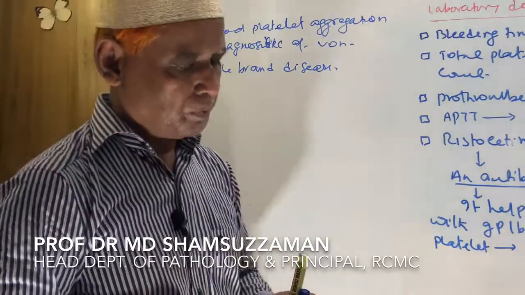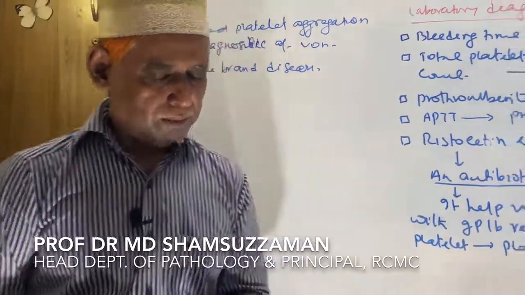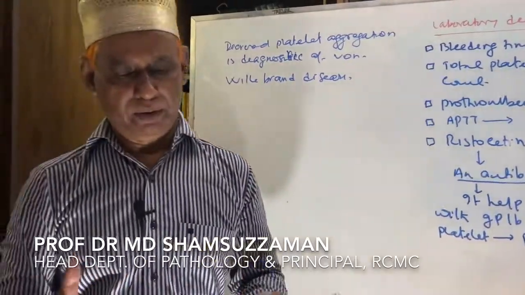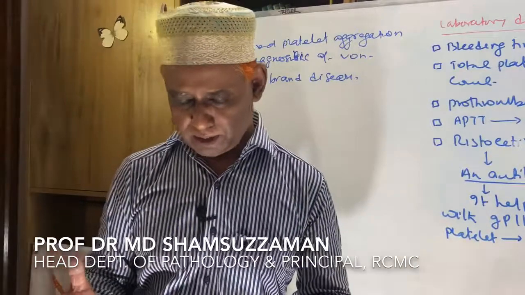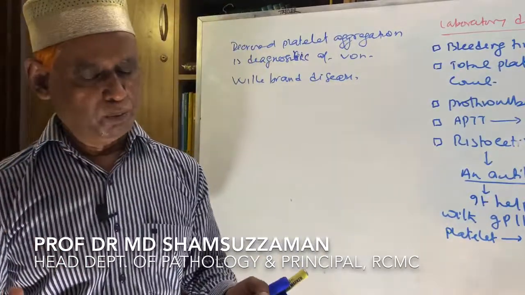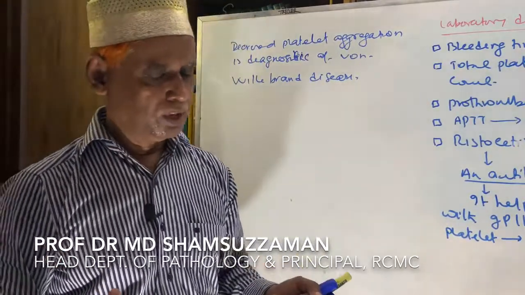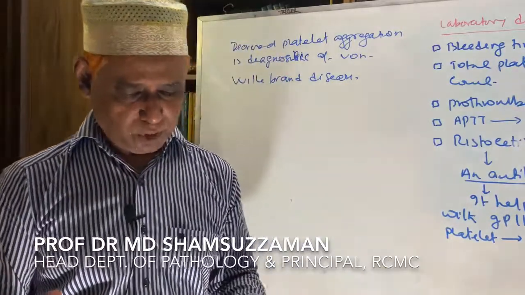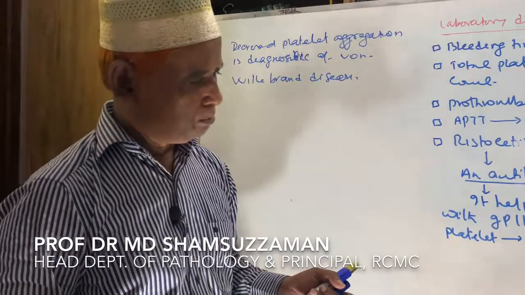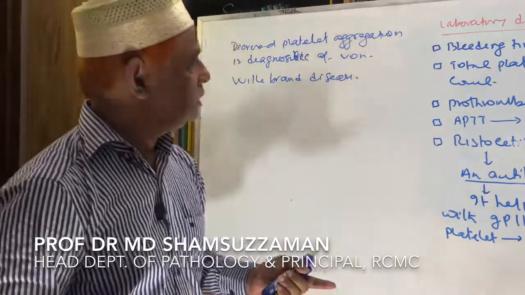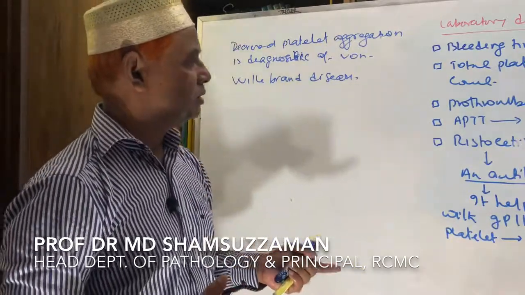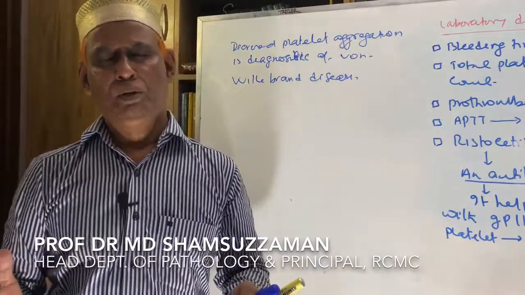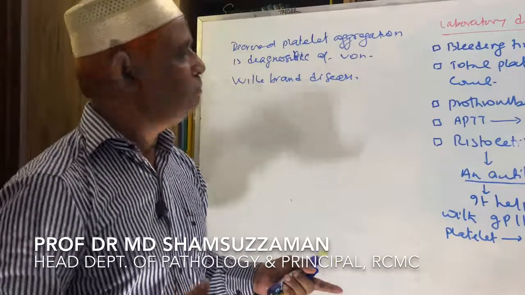Dear audience, I can recall I have told you about the von Willebrand factor. It is glycoprotein in nature. It is synthesized from the platelet, megakaryocyte and endothelium. It is known as von Willebrand according to the name of scientist Eric von Willebrand. This factor is synthesized under the direction of a gene present in chromosome 12.